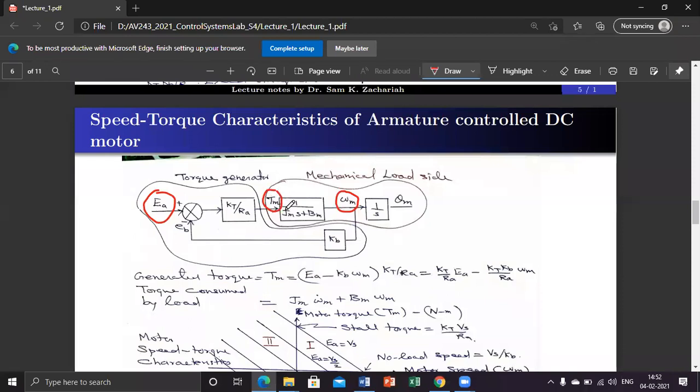So you can consider the motor as a two inputs single output system, where one input is an external input, a voltage input. Another input is an internal variable, that is the speed of the rotor, that will provide a torque Tm.